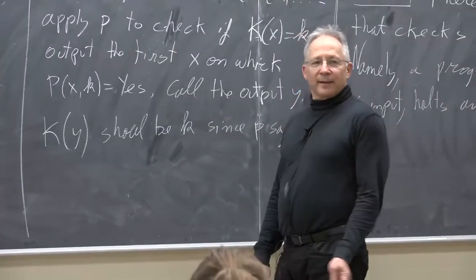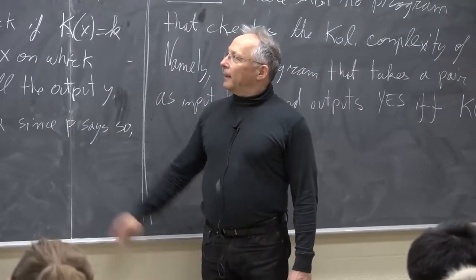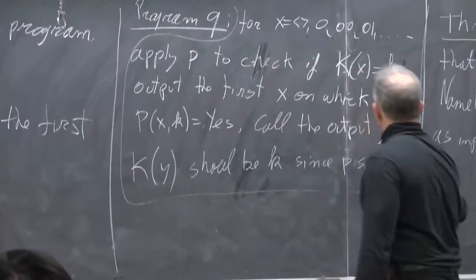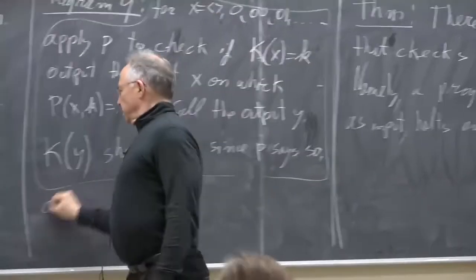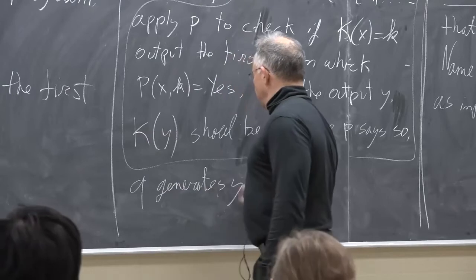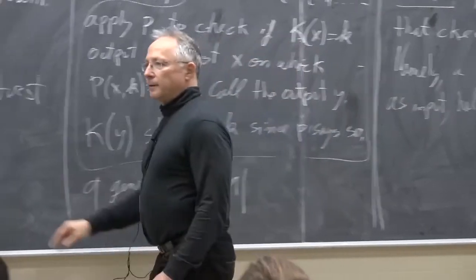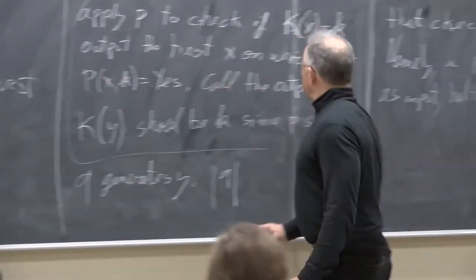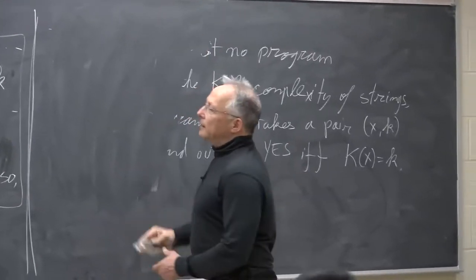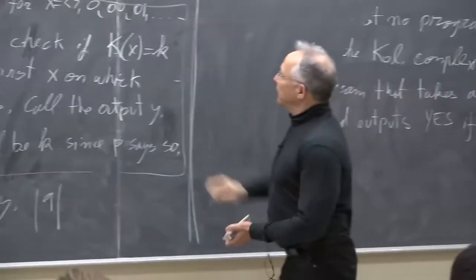But on the other hand, the Kolmogorov complexity is much less than k, because I can write all of Q. What is the complexity of Q? The program Q generates y. What is the length of the program Q? This is all constant. The only thing that's not a constant is that I had to write here k.